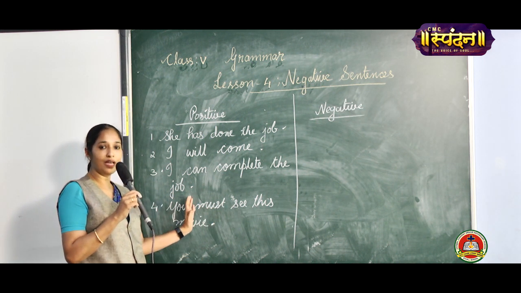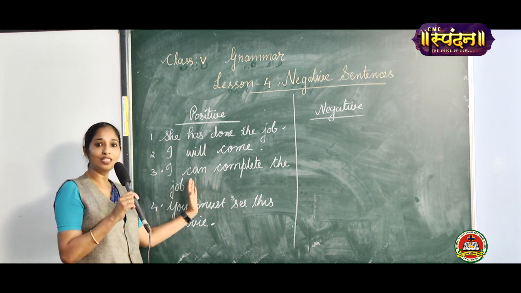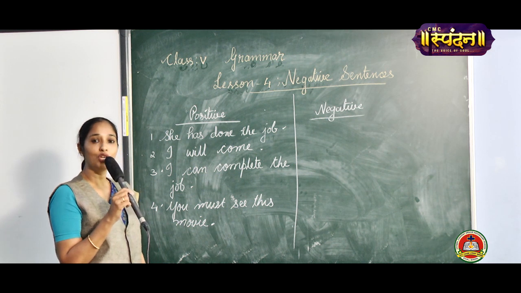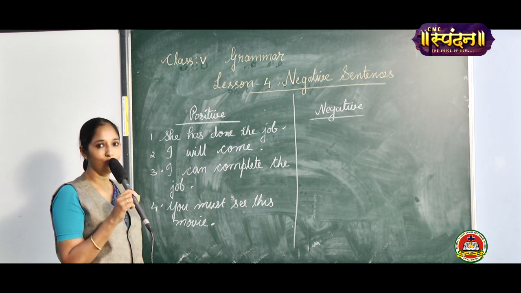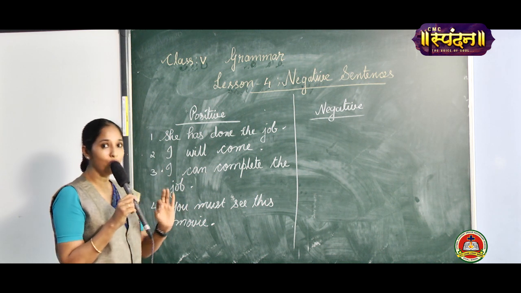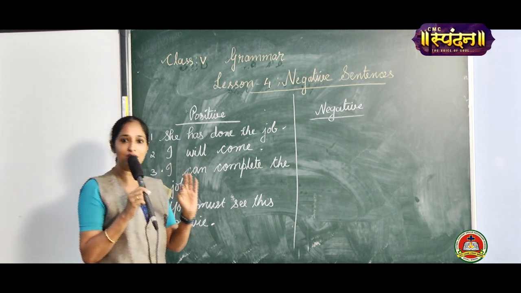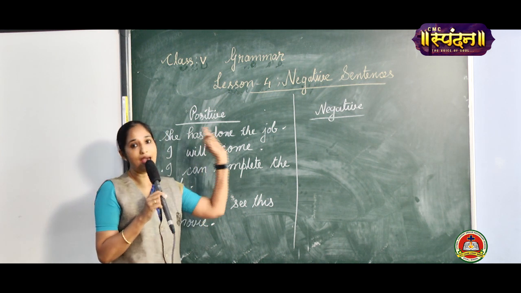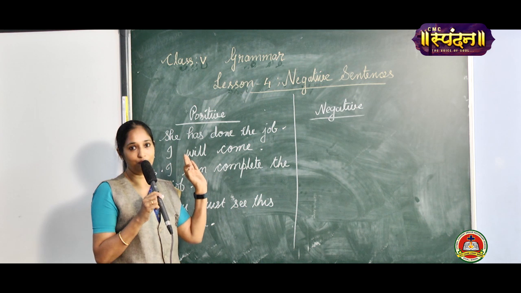Now let's try to transform these positive sentences to negative sentences using the word not. Now you know where to insert not. Remember, we are supposed to insert not in between the auxiliary or helping verb and the main verb.